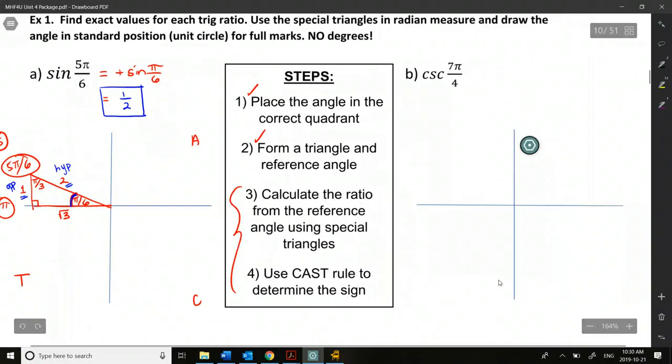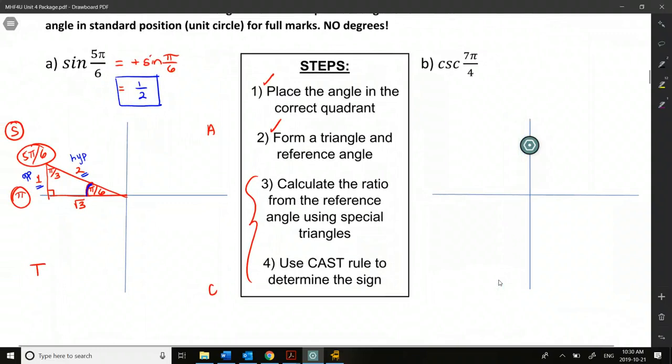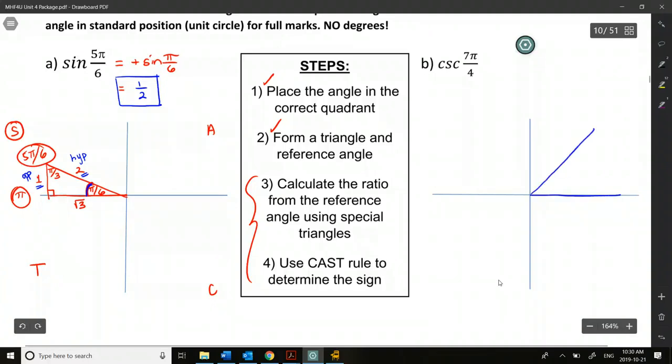Okay, we're going to try another one here. So I want to place 7 pi over 4 in my grid here. If I'm working with pi over 4s, I'm splitting the top into 4 equal slices, 1, 2, 3, 4, and the bottom into 4 equal slices, so 8 slices total.